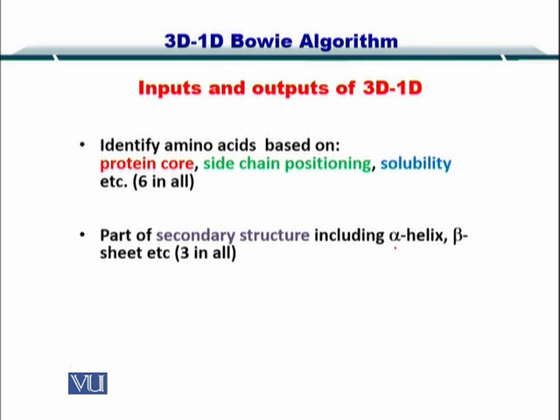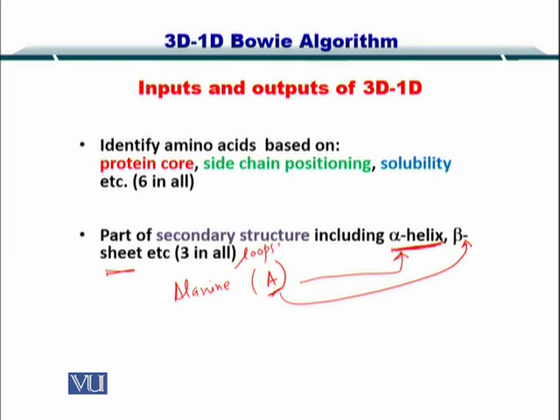For instance, in case of alpha helix and our example alanine A, most probably it will be in the alpha helices, but sometimes it may so happen that it will also be in a beta sheet. So depending on how many times alanine occurs in alpha helix, beta sheet, and loops, you create a profile for alanine in the secondary structures as well.